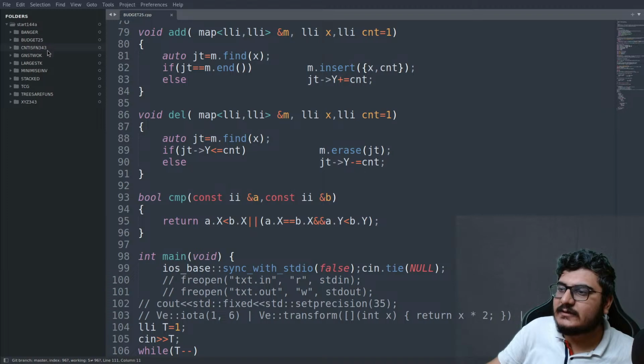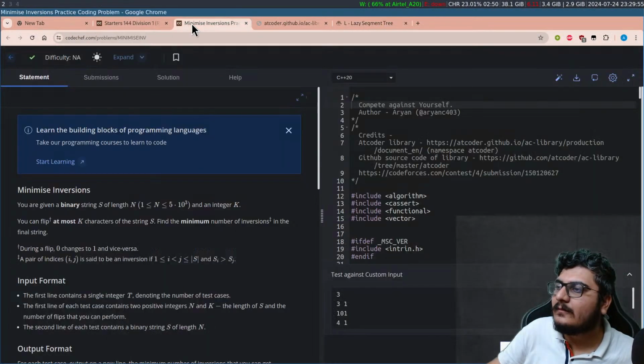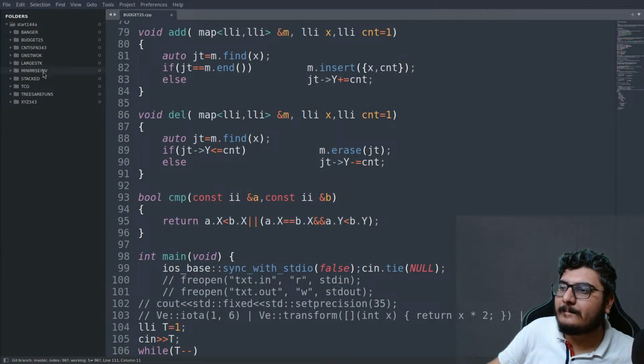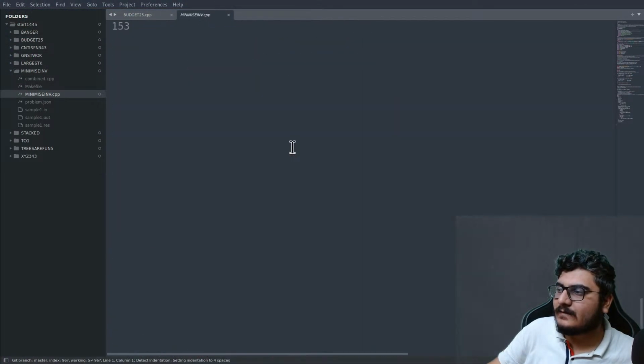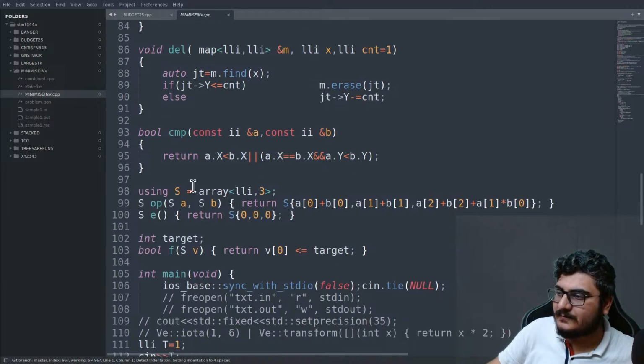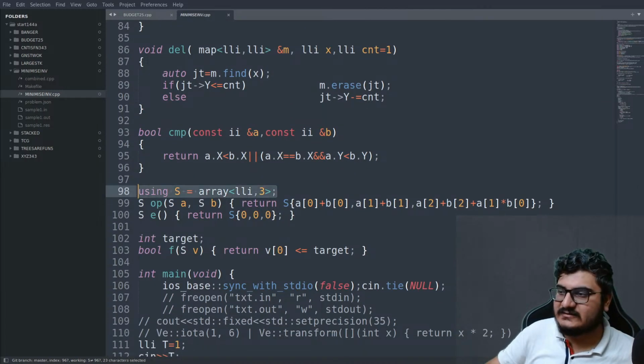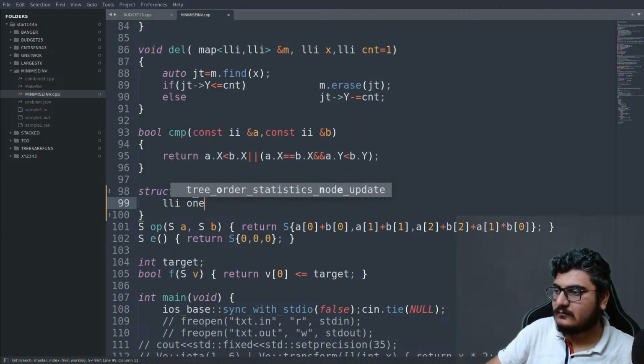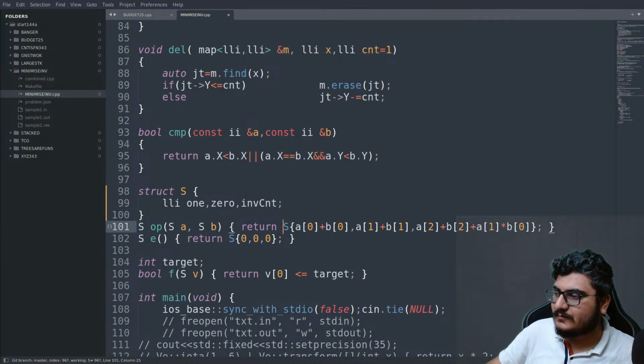The explanation is done, and what is the code for this problem? Minimize inversion count. So we are in a segment tree node. Let's maintain a struct with INV count.